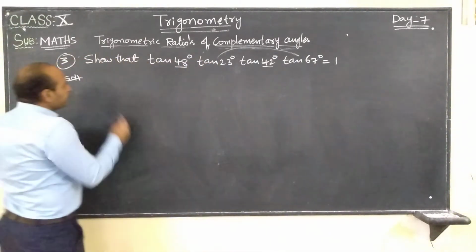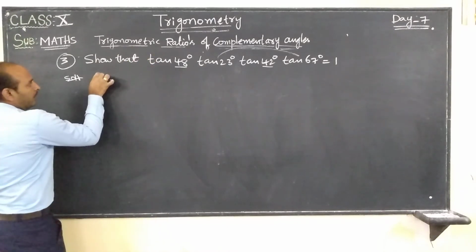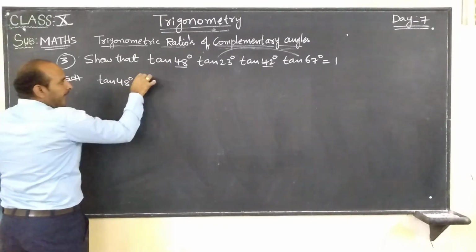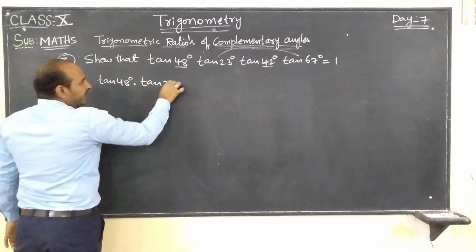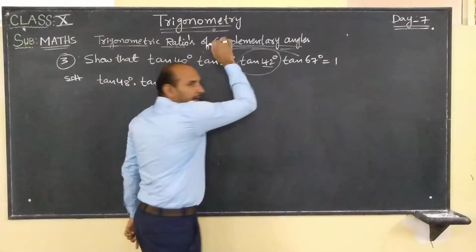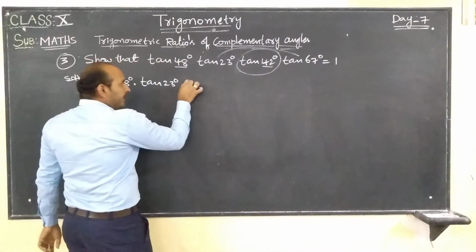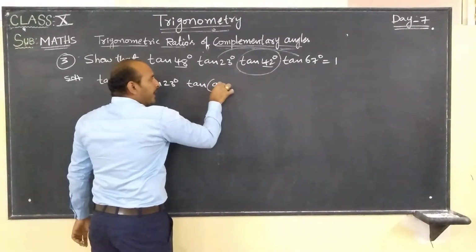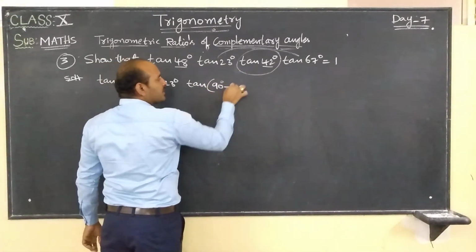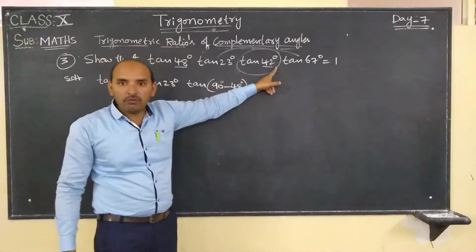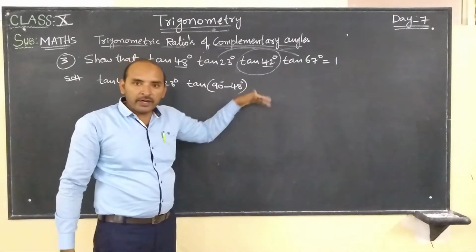So now, by the data, tan 48 degrees into tan 23 degrees stays as it is. Now change these values. Tan 42 degrees, I am writing as tan of 90 degrees minus 48. 90 minus 48, how much? 42 degrees.